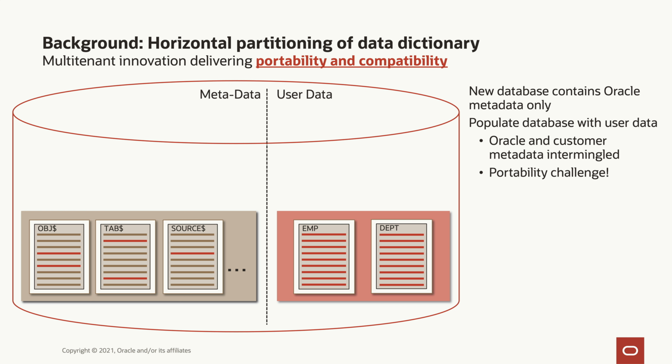In the old architecture, there they were, all mixed up together. If you do a query on the data dictionary, it will typically return rows from both the Oracle-supplied metadata and the metadata for the user schema.